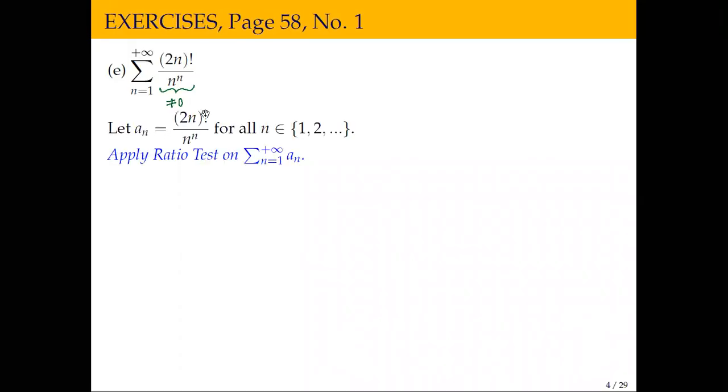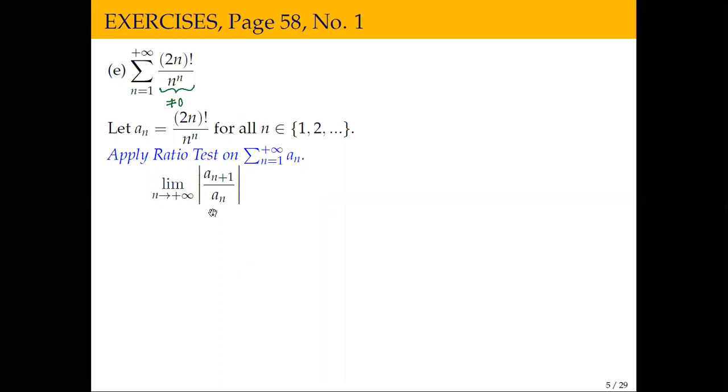Let a sub n be equal to this one for all n. We can apply the ratio test in this infinite series since each term is non-zero. Applying the ratio test, we have to take the limit of the absolute value of a sub n plus 1 over a sub n as n goes to positive infinity.